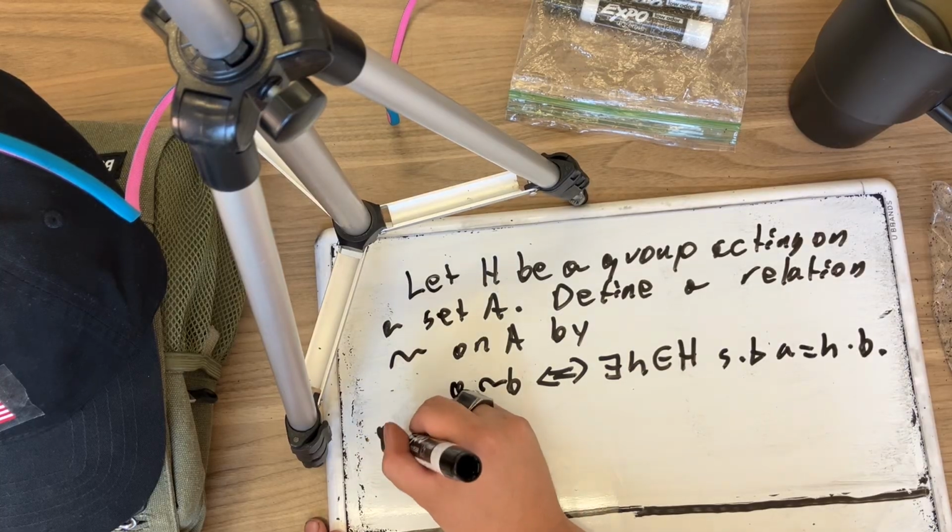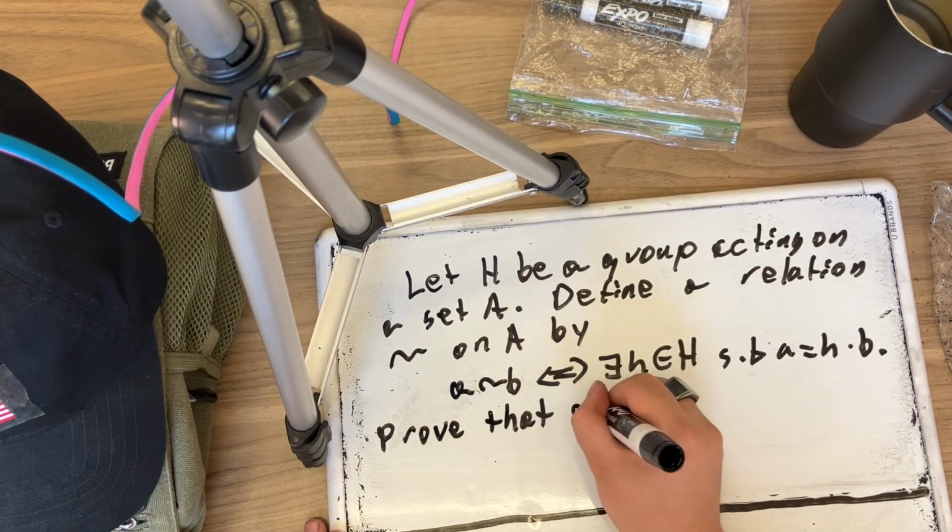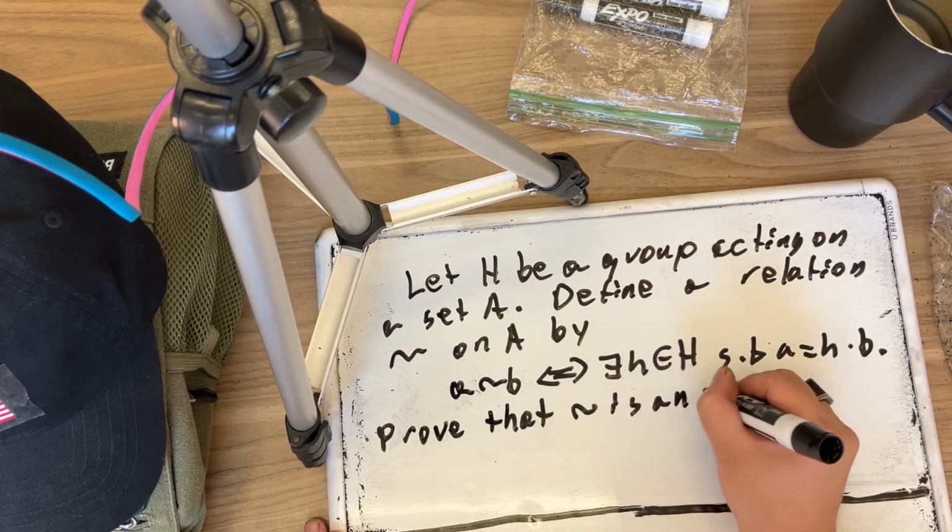So we have to prove that tilde is an equivalence relation.